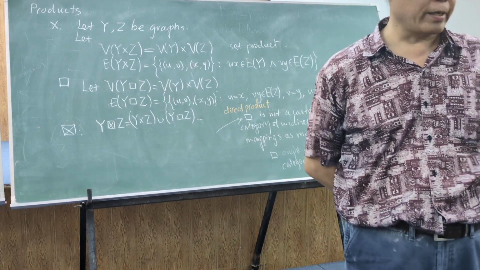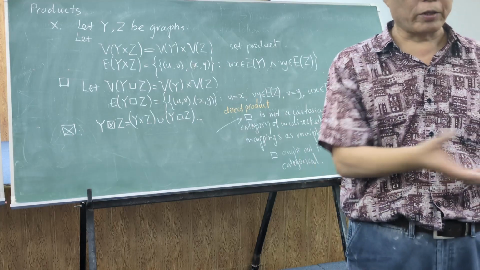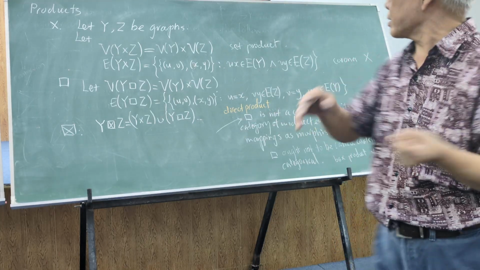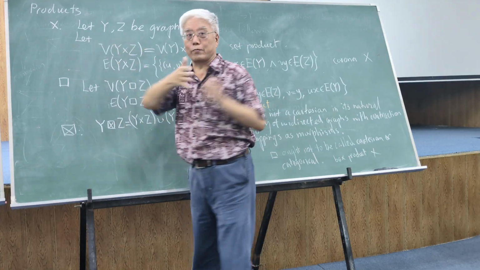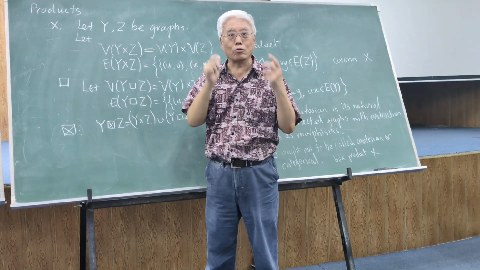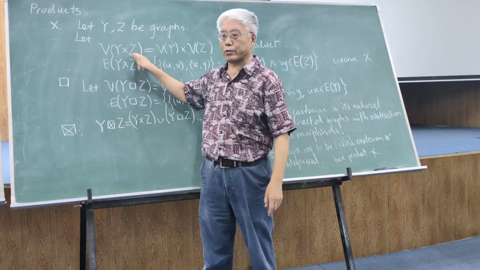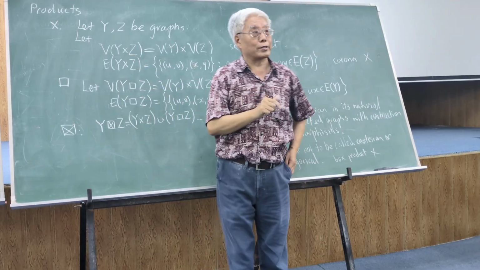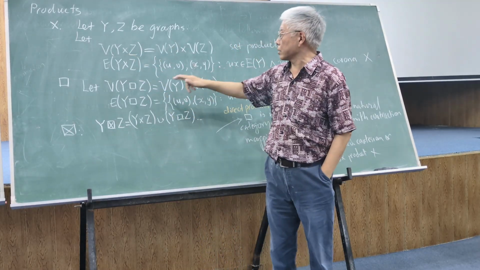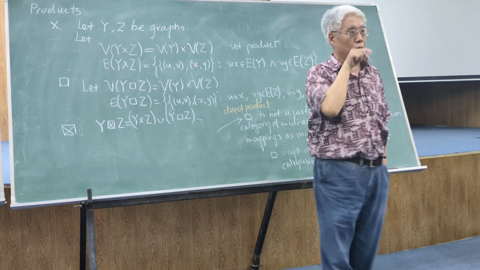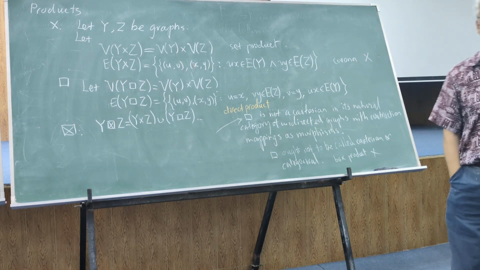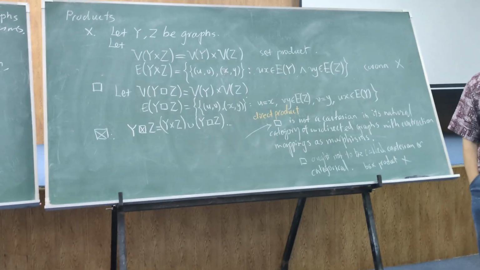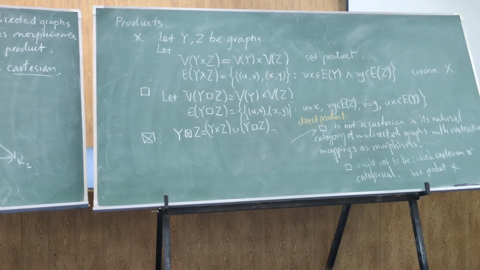If you are given any arbitrary graph x, is there some 2 graphs y and z so that x is equal to y cross z? How to decide? That kind of question has not quite been studied yet. Mappings in the category of graphs are not well studied yet.